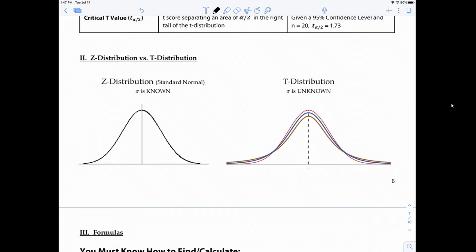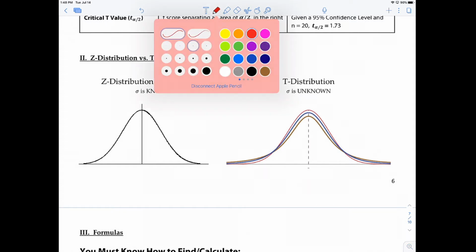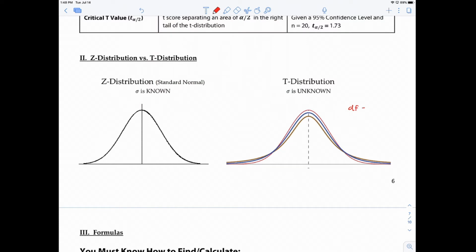And the thing with the t distribution, just real briefly, is there are many different graphs that model whatever we're dealing with, and the different graphs refer to the degrees of freedom. So depending on the degrees of freedom, we get many different graphs. And again, in this section for the t distribution, the degrees of freedom is n minus 1, where n is the sample size.